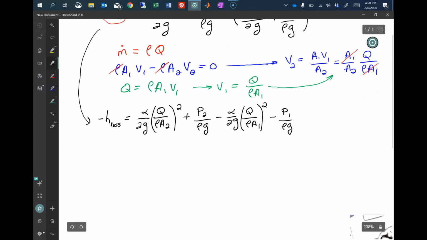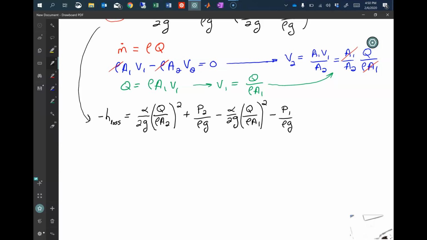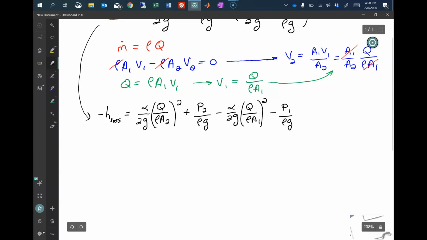Okay, so now I have an equation. The only thing that's unknown in there is the H loss. Everything else is known. So now I'm going to just gather these terms up. I'll multiply through by negative.